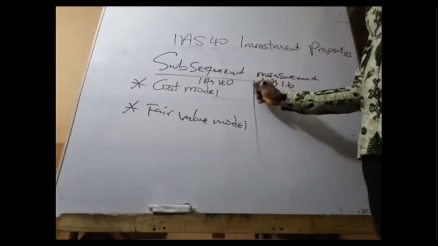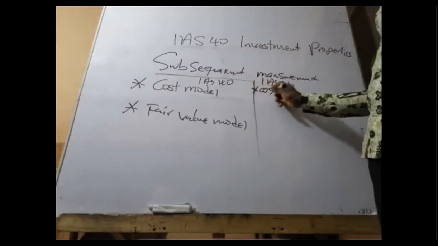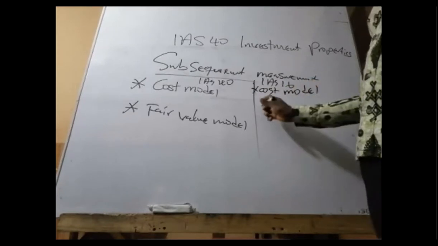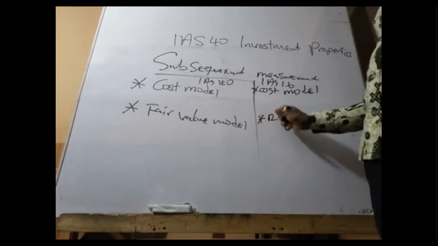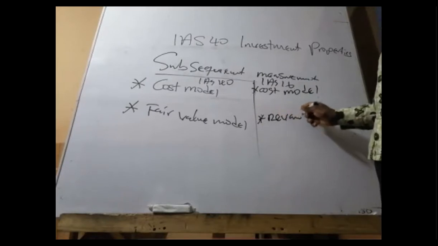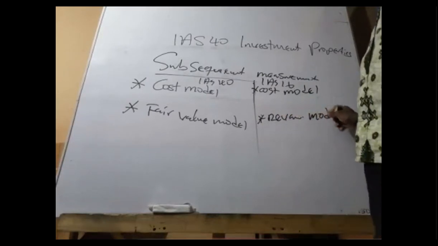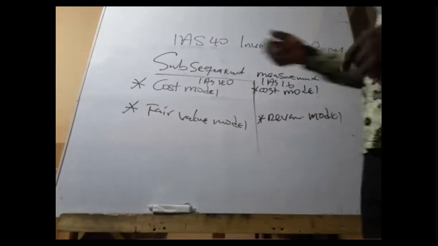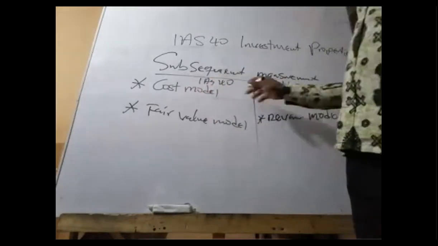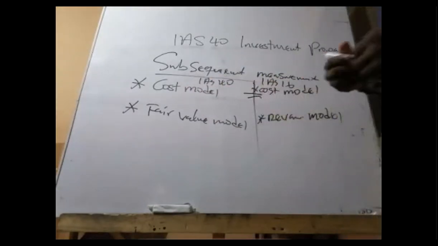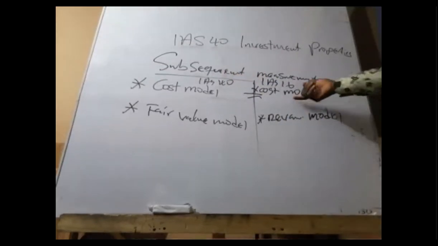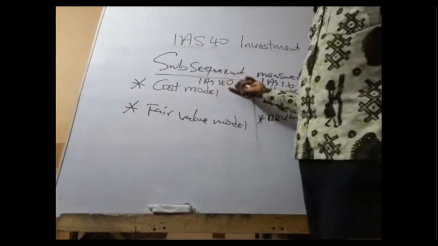One is also called cost model and the other is revaluation model. The good news is that the cost model here is the same as the cost model here. So the cost model under the IAS 16 is the same as the cost model under the IAS 40.